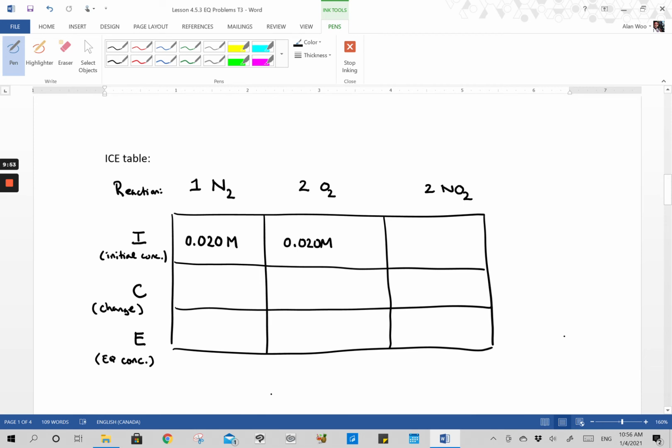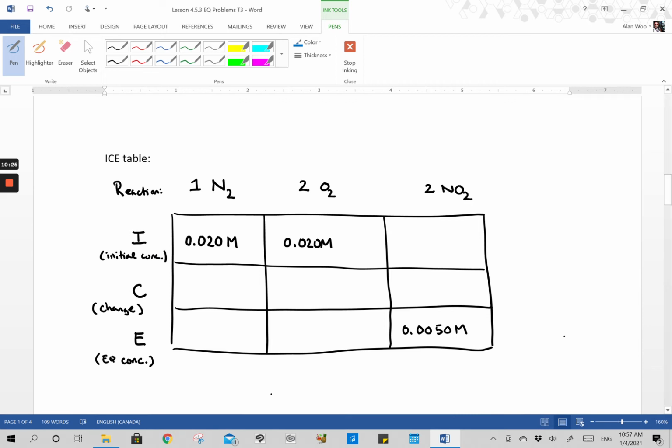The other substance that we are given is the equilibrium concentration of NO2, which is 0.0050 molarity. So everything that I have in black here is something that we are given from the question.